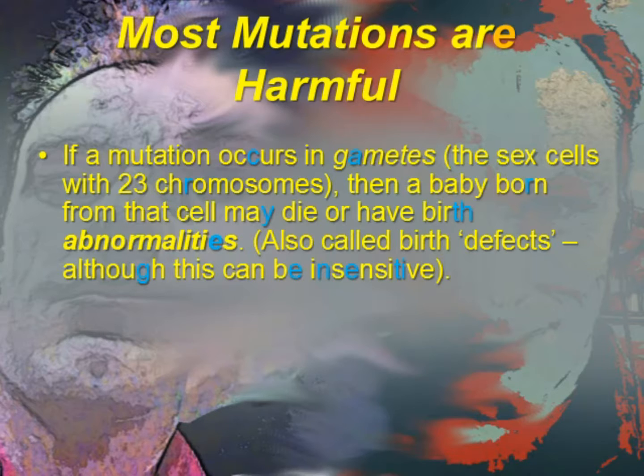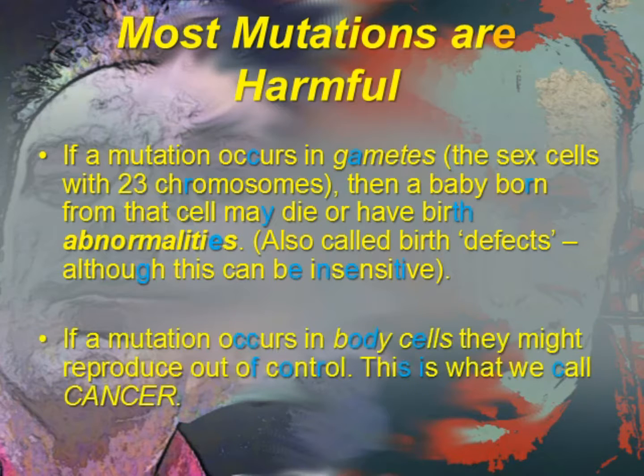And this can be insensitive if used in the wrong context. So if a mutation occurs in body cells, however, then these might lead to reproduction of cells getting out of control, and this is what we call cancer. There are other ways that mutations can influence an organism in body cells, of course.